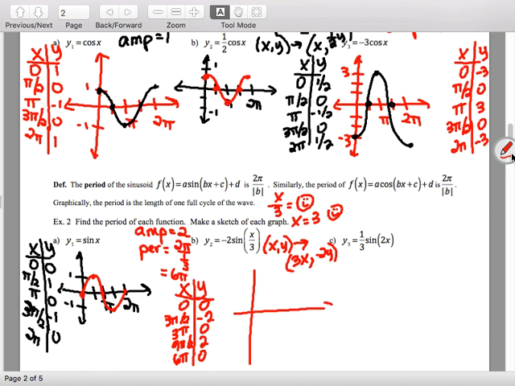So now you got to stop and think about how you're going to do your ticks here. Because I need to get all the way to 6 pi, but I need some pi over 2's. I made this kind of long.